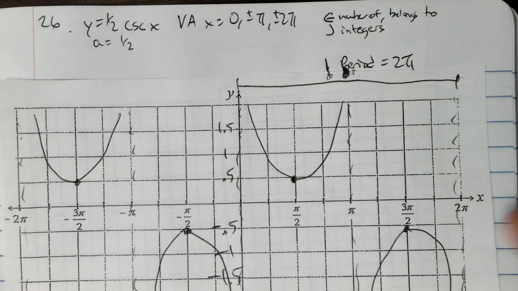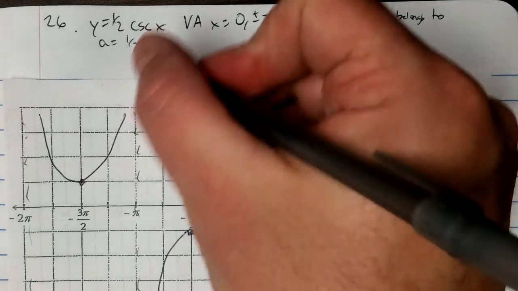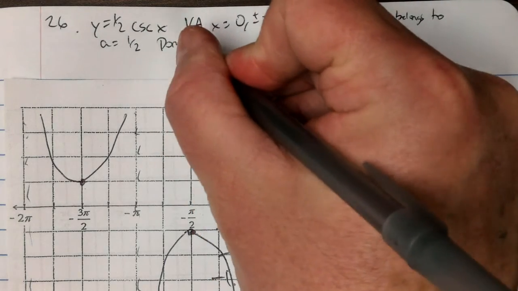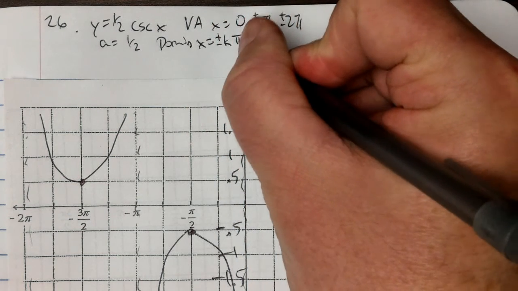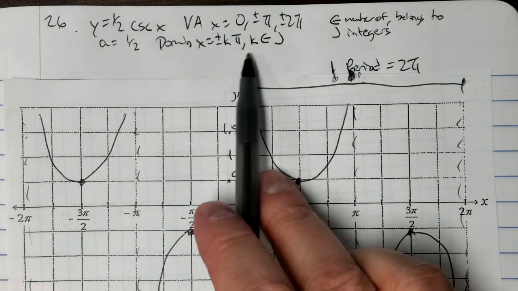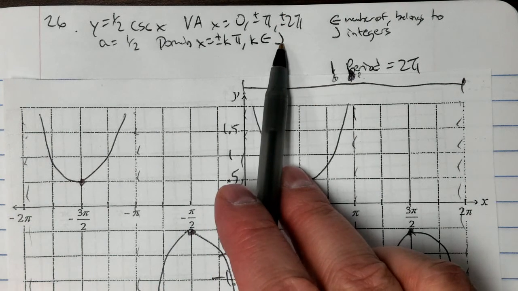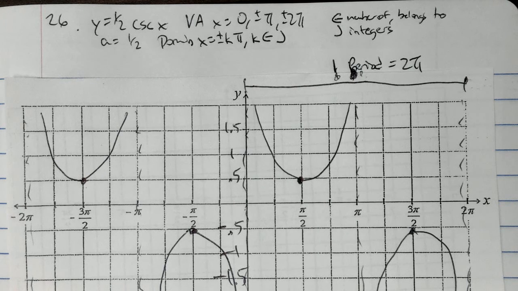They don't use I, probably because I is reserved for imaginary numbers. So what you're going to see is your domain would be x equals plus and minus k pi, where k belongs to J. K is a member of the integers. Integers being positive and negative whole numbers.